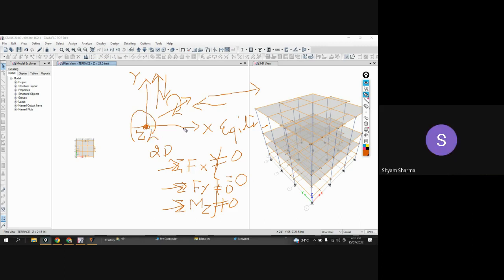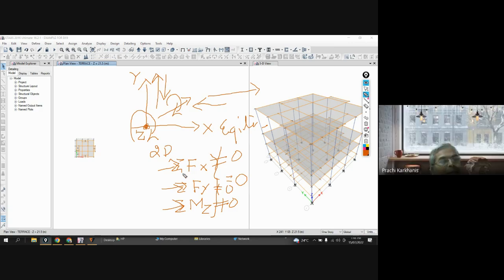Right? Yes, sir. That means the equations of static equilibrium are derived from some basic concept that we say F equal to m times acceleration, m times a. So Fx will be m ax. In that case, as this ax is equal to 0, we say Fx equal to 0.